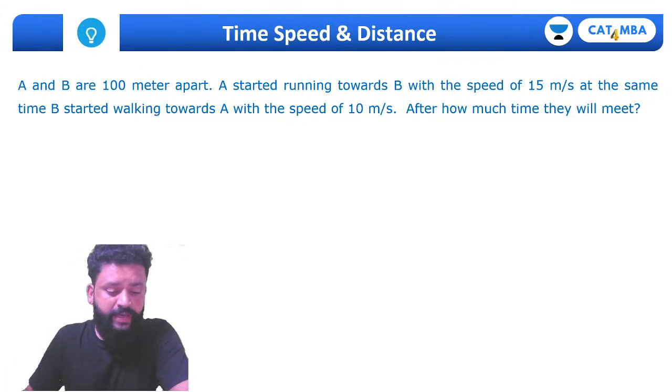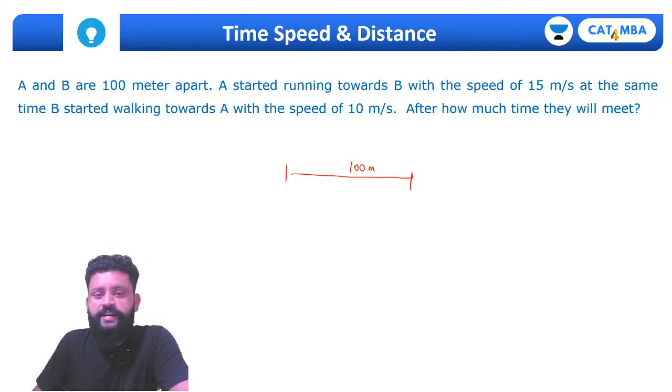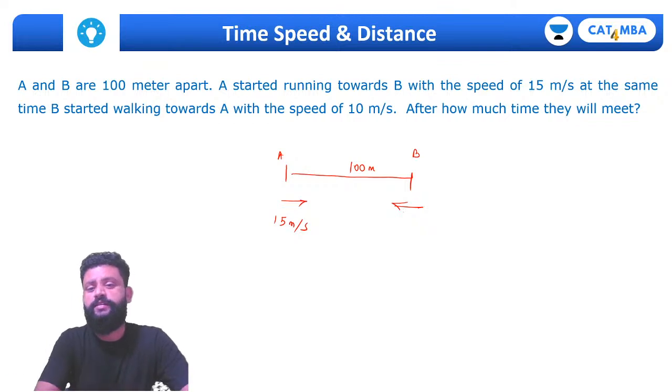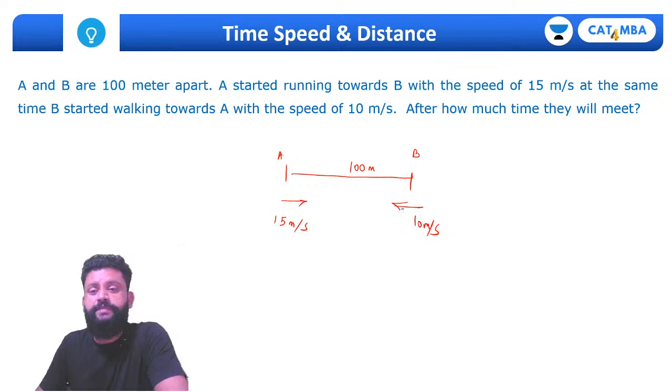If A and B are 100 meters apart, and A started running towards B at a speed of, let's say, 15 meters per second, and at the same time B started running towards A with the speed of 10 meters per second. After how much time they'll meet each other? It's really a simple question.